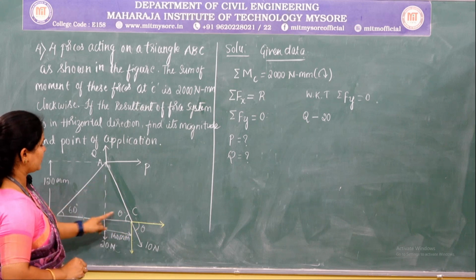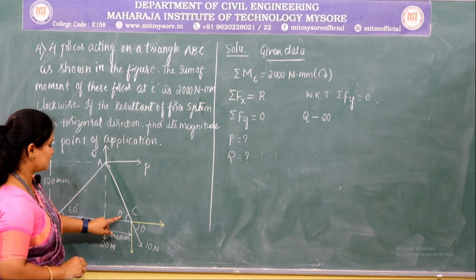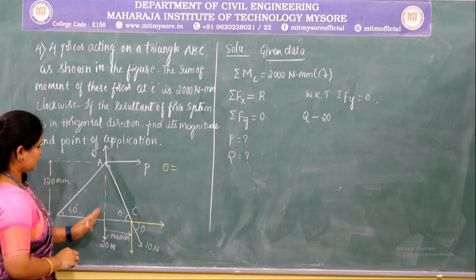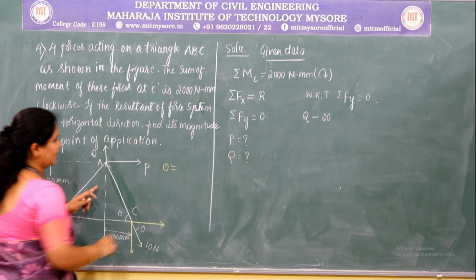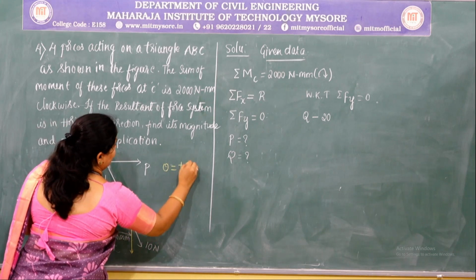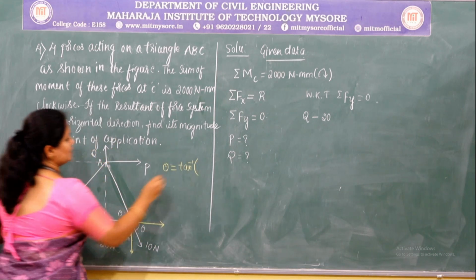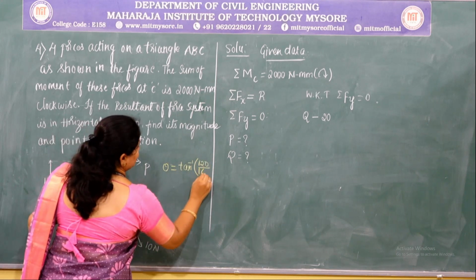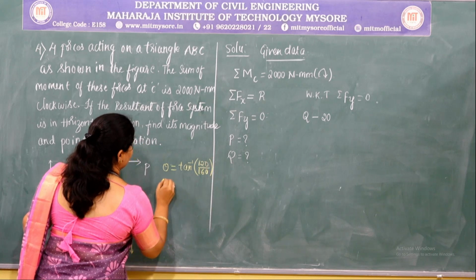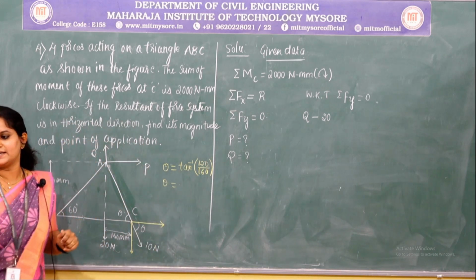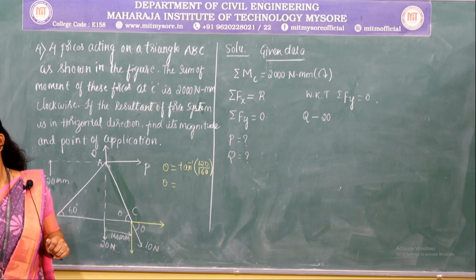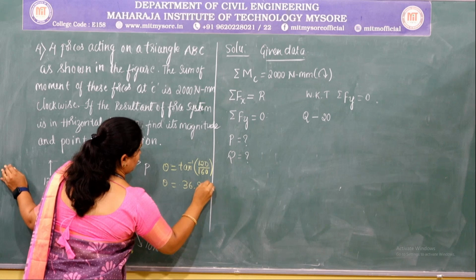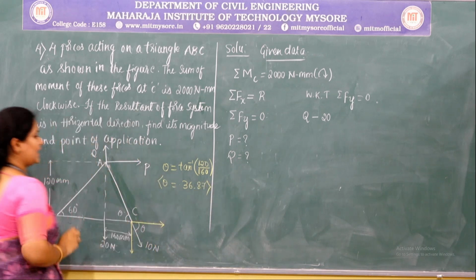For that, use this triangle concept. For this theta, I know the opposite side and the adjacent side. So you can use tan inverse of opposite side 120 and adjacent side 160. This gives theta as 36.87 degree.